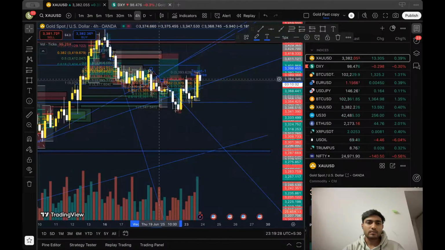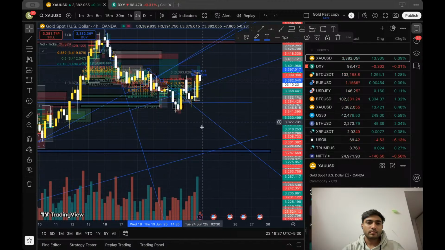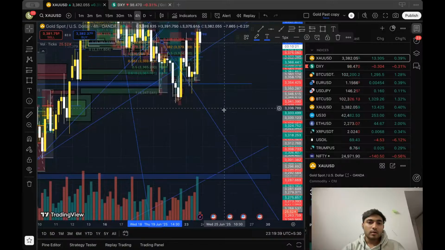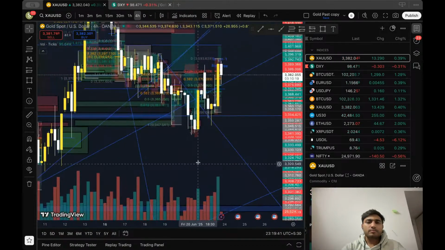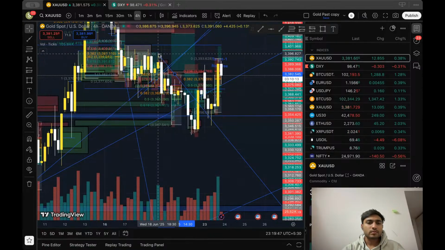Is the market wrong? I think so. It's hard to draw these trend lines, no? What is the correct way of drawing this?